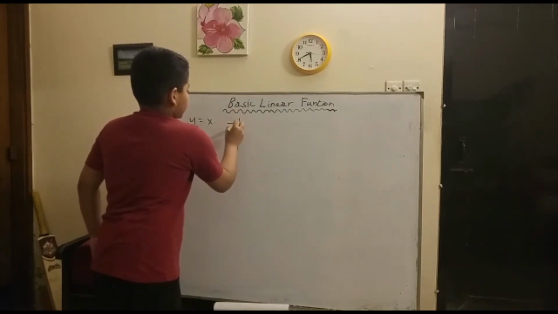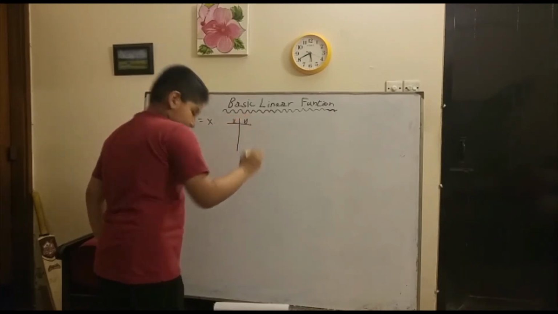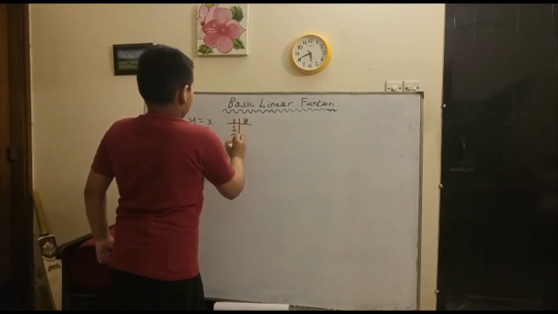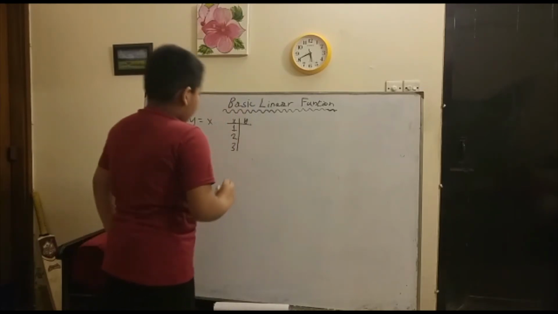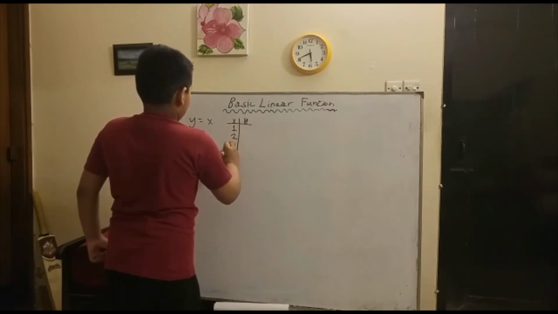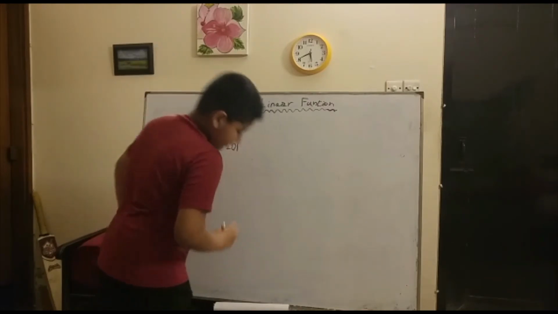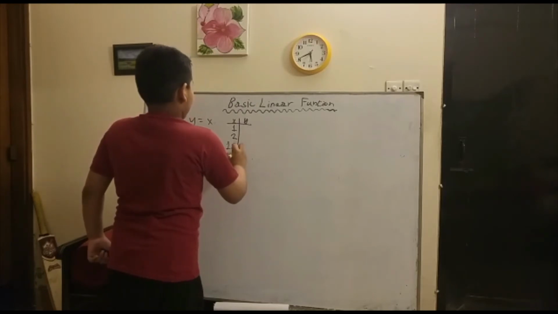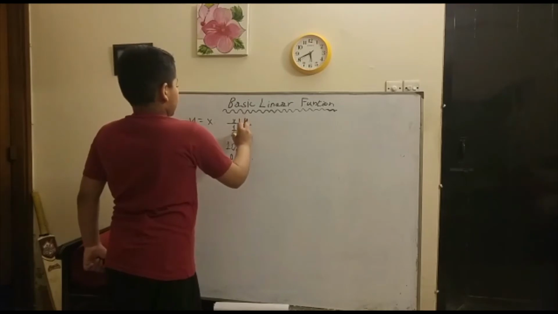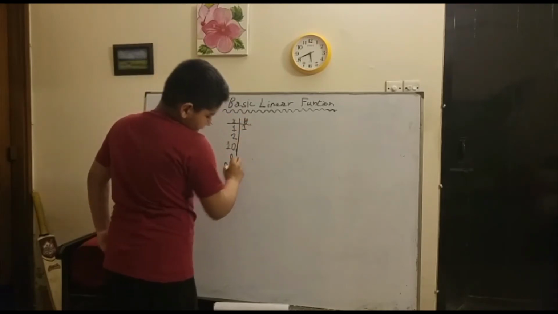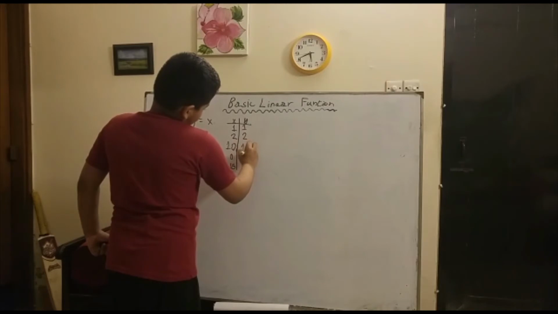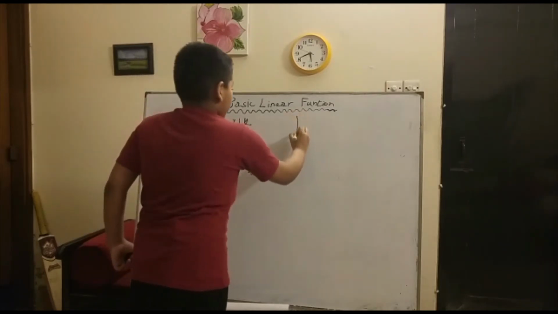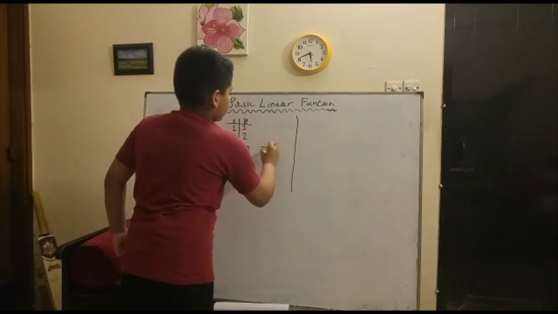Suppose we choose multiple values of x, like 1, 2, 10, maybe 0, 0.5. Now it's saying that x will be the same thing as y, so y would be 1, 2, 10, 0, 0.5. And it would make this graph.